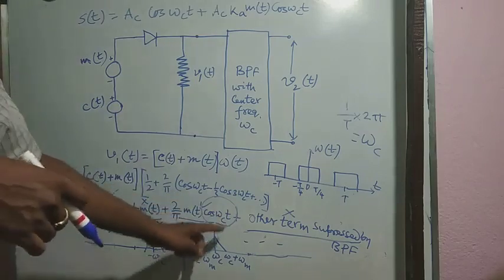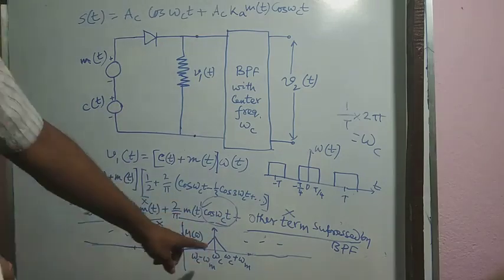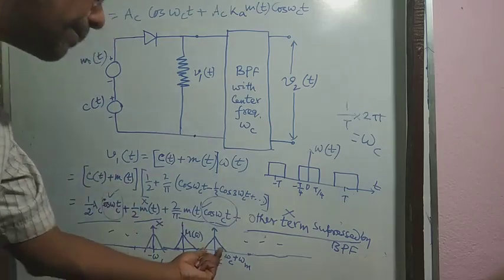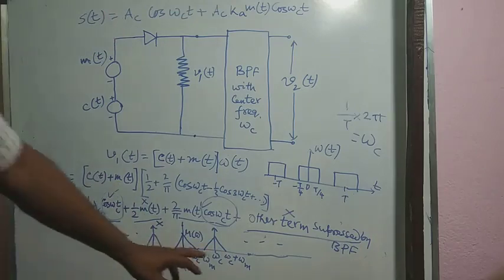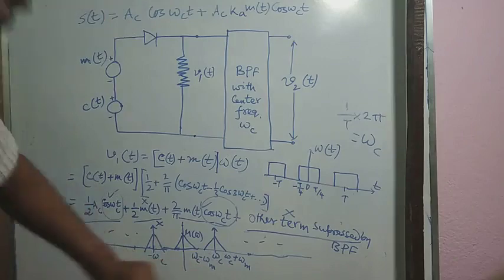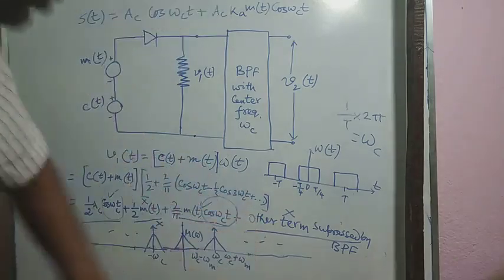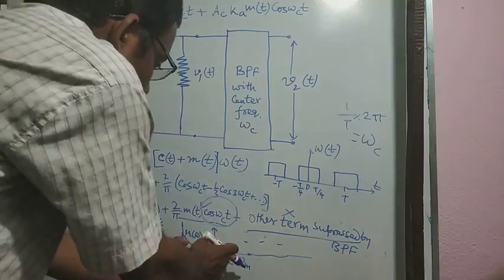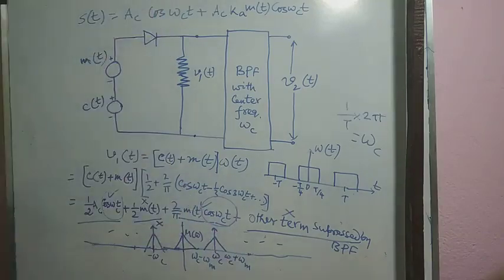What will be the center frequency? The center frequency should be omega c. And the bandwidth: omega c plus omega m, and omega c minus omega m. So the bandwidth should be 2 into omega m, that means 2 into the bandwidth of the message signal.